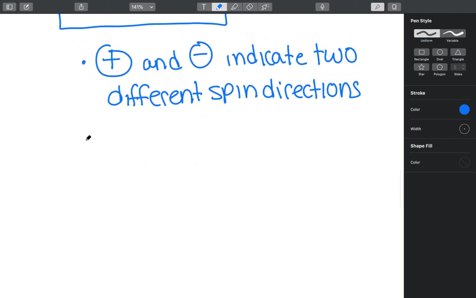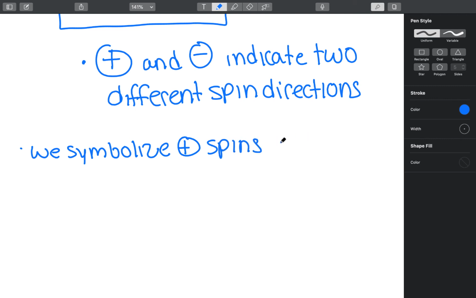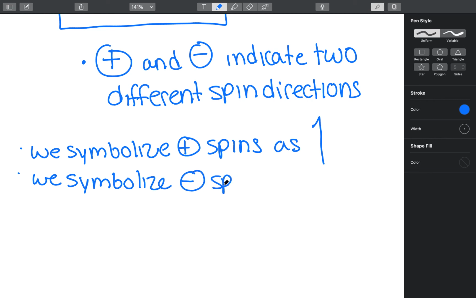We symbolize plus spins as an upwards half arrow, and we symbolize minus spins as a downwards pointing half arrow.